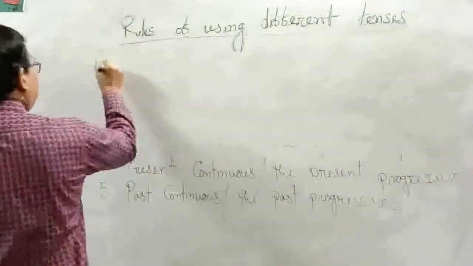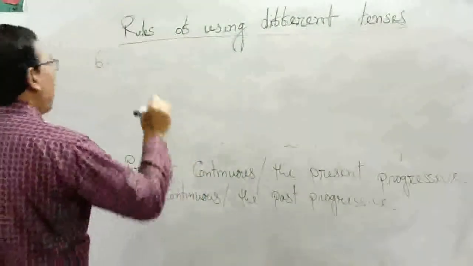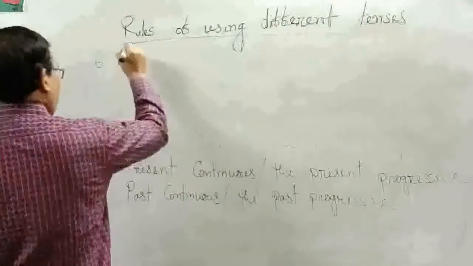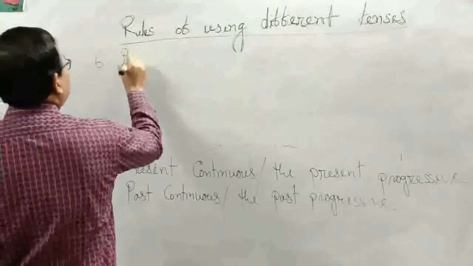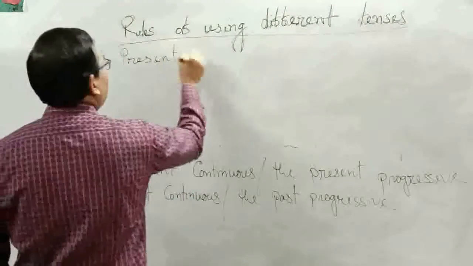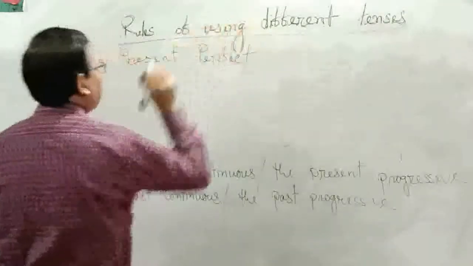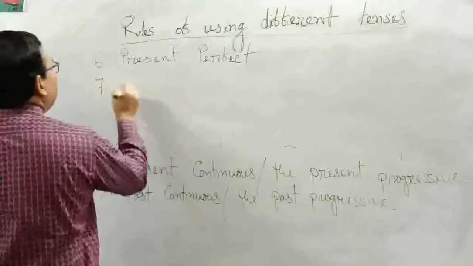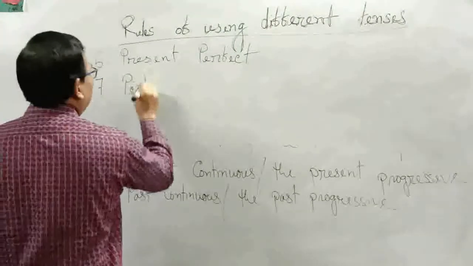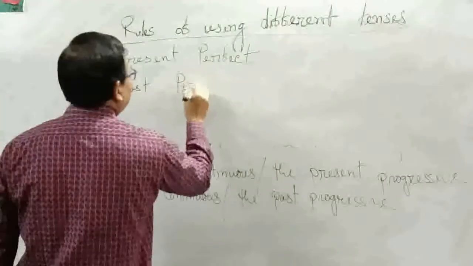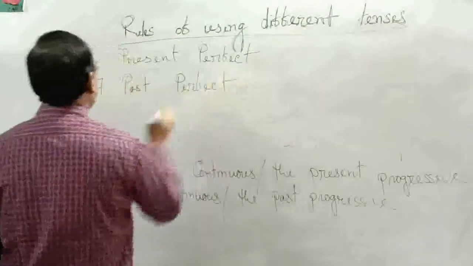Number 6, present perfect. Number 7, past perfect.